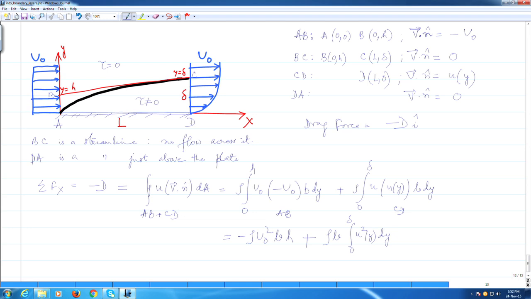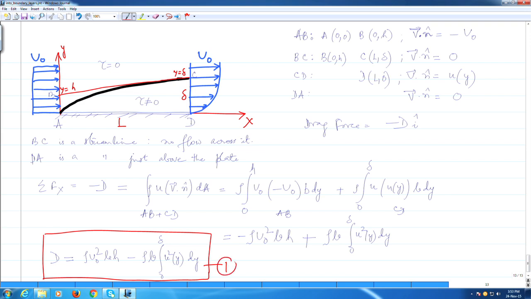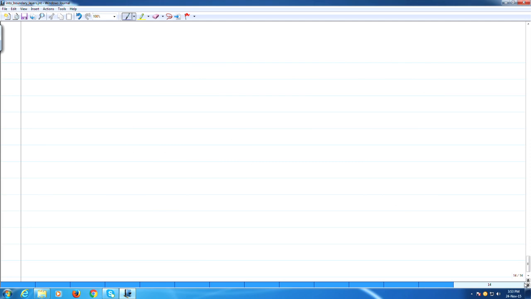Therefore, the drag force, see it has a negative sign there, is nothing but rho u naught square b h minus rho b integral 0 to delta u square dy. So, we've got an expression for the drag here.